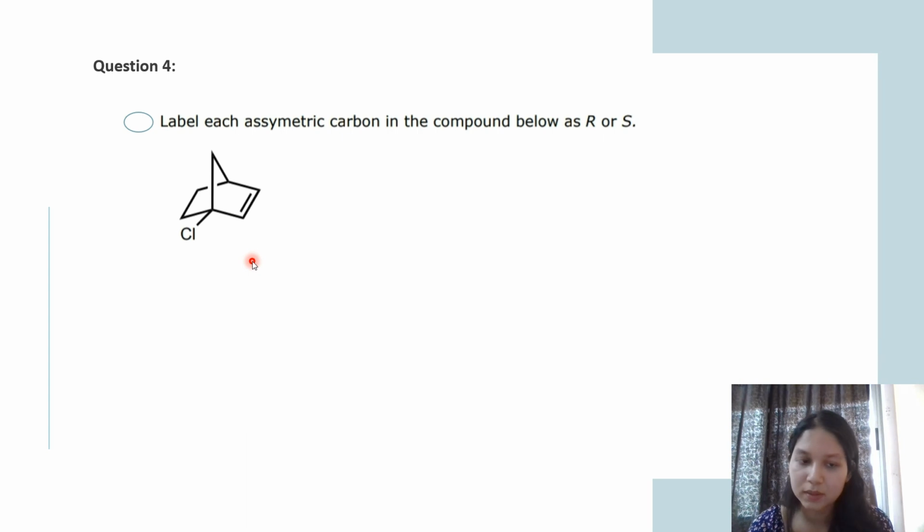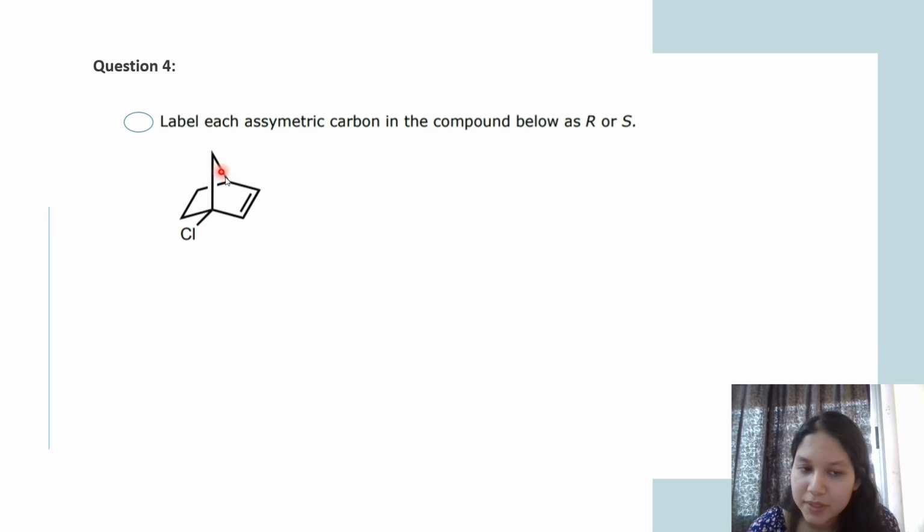So, as we have already discussed, to be an asymmetric carbon, the carbon center must be connected to 4 different substituents. So this cannot be a stereogenic center or asymmetric carbon. This also cannot be. If we talk about this one, yes, this carbon is connected to 4 different groups. How?